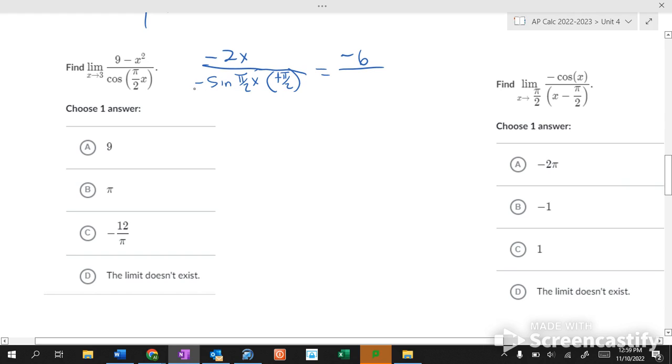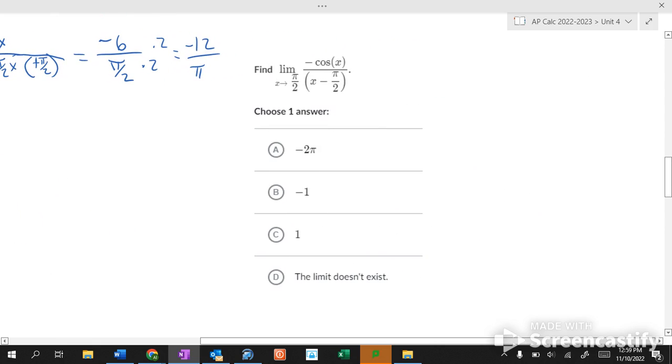Well, the negative sine of 3 pi over 2. So what's the sine of 3 pi over 2? -1 times a negative is a positive 1. So 1 times pi over 2 is that, right? So you get -12 over pi, and it is c.